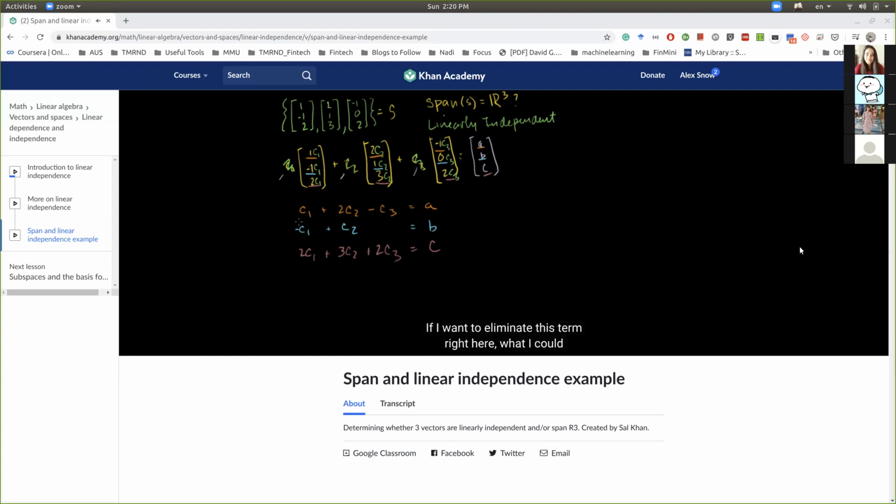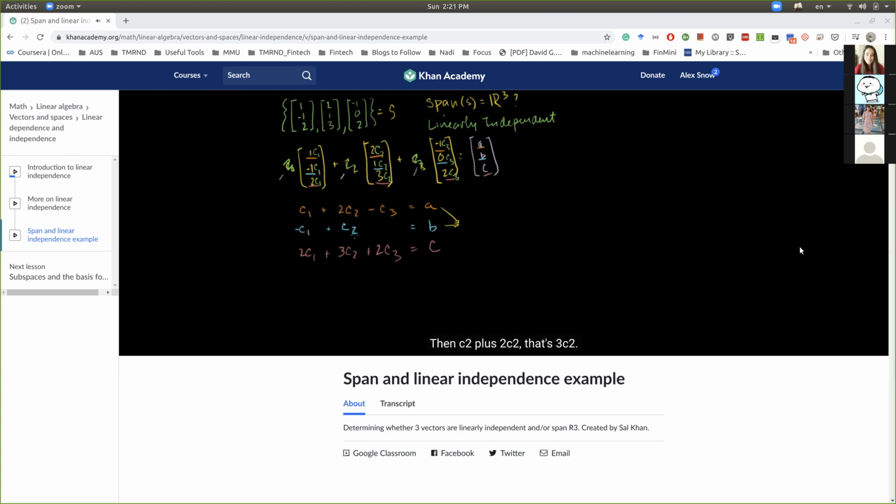So if I want to eliminate this term right here, what I could do is add this equation to that equation, or even better, I can replace this equation with the sum of these two equations. So let me do that. I'm just going to add these two equations to each other and replace this one with that sum. So minus C1 plus C1, that just gives you 0. I can ignore it.